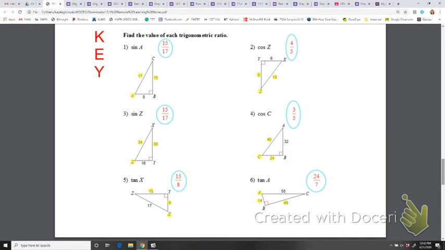Cosine of C is adjacent over the hypotenuse, so that's 24/40, which reduces to 3/5. Tangent is opposite over adjacent, so that is 15/8. And tangent, again opposite over adjacent, is 48/14 and reduces to 24/7.